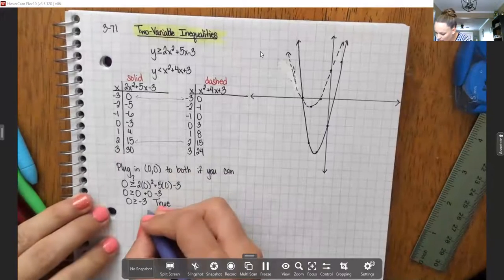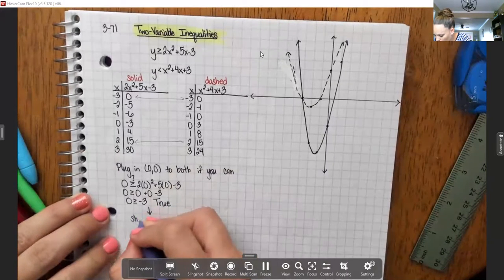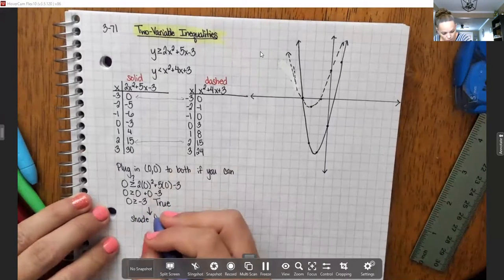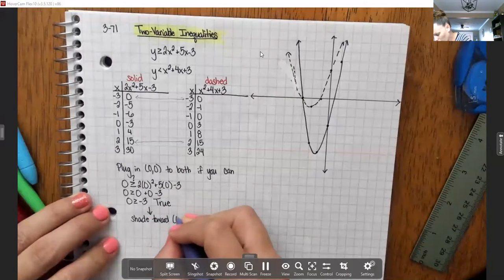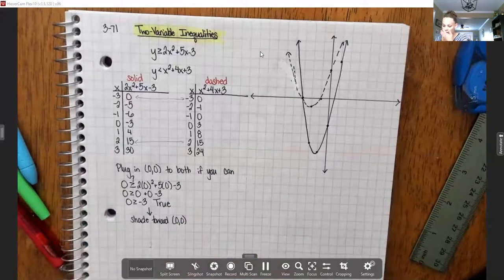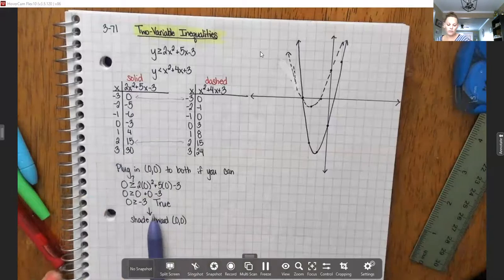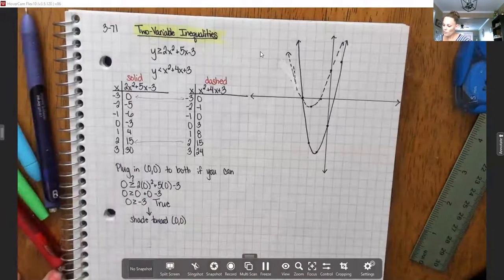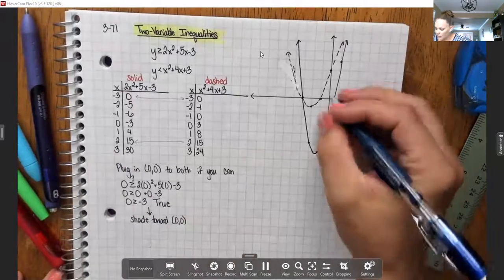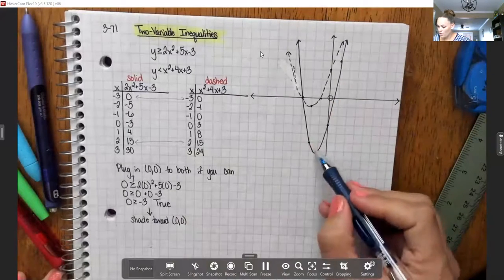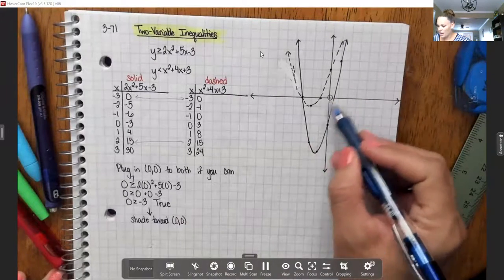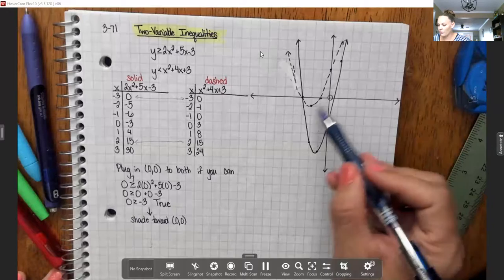So that tells us we shade toward 0, 0, or where 0, 0 is. So this was for the solid one. Since 0, 0 is here, this is the point we're testing. We would shade inside, and I'm doing it very lightly with my pencil.